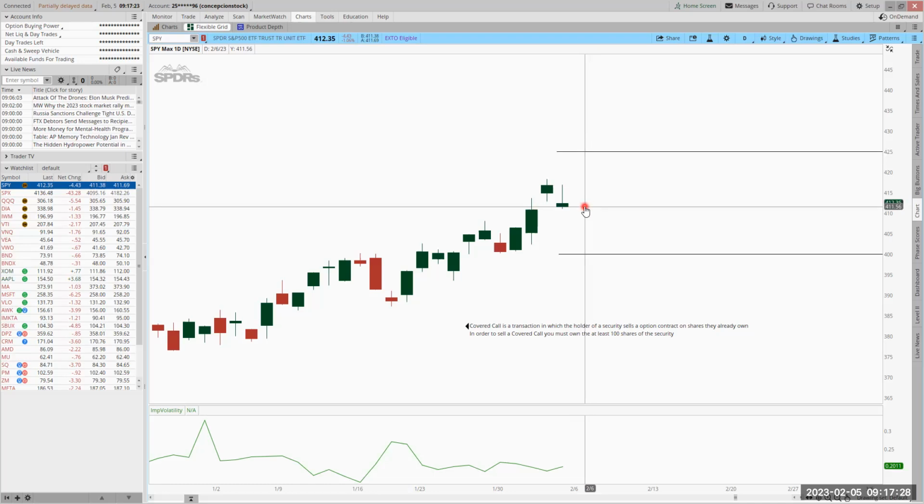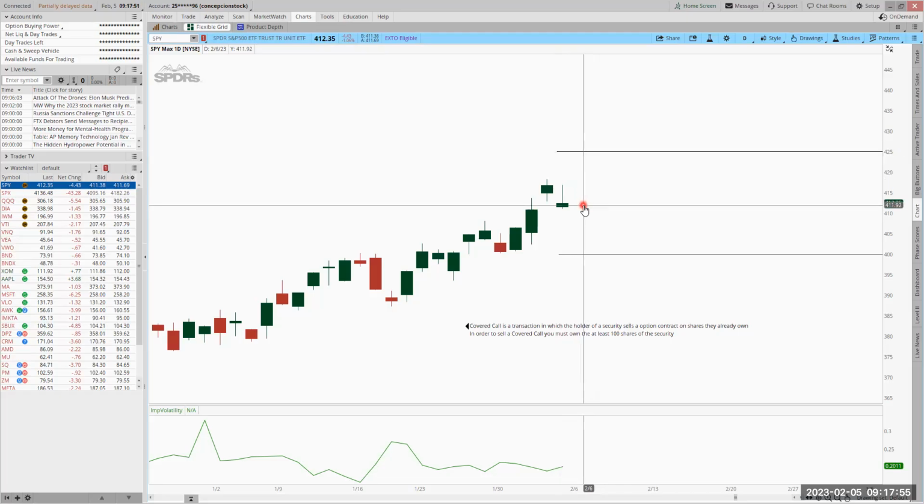So if between now and the date you select, price stays below 425, we keep our shares and we keep our premium. Now, if price happens to go above $425, we keep our credit or premium of $132. However, we will lose our 100 shares.